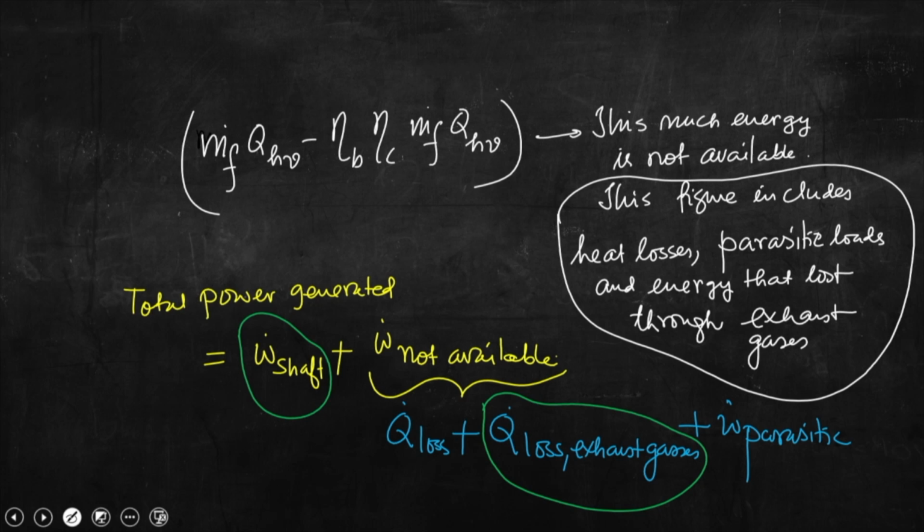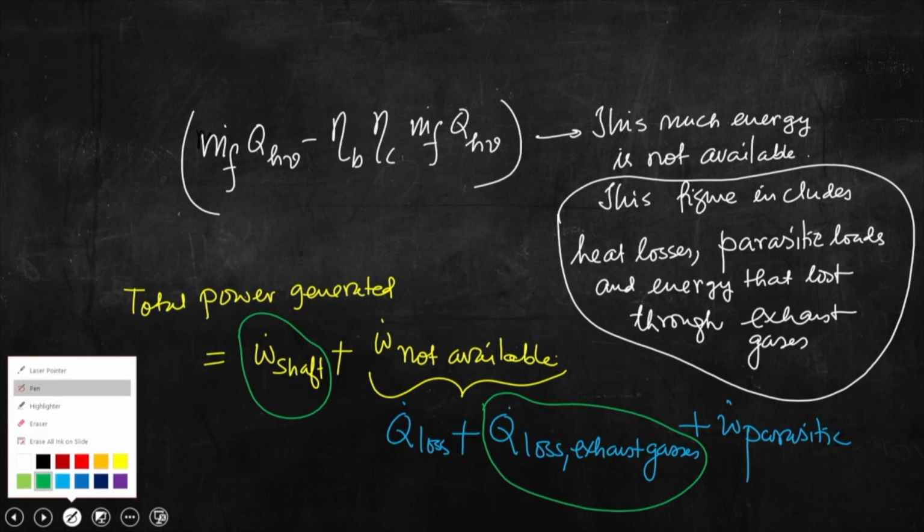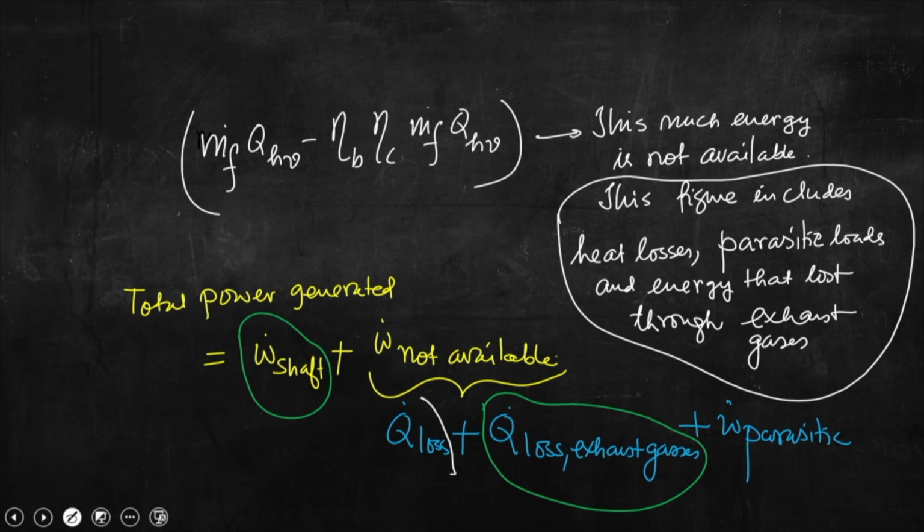Now, this loss is mainly through conduction, convection, radiation, because this amount has to be lost, otherwise we will not be able to save the engine cylinder and piston faces for a longer period, because several mechanical problems will arise.